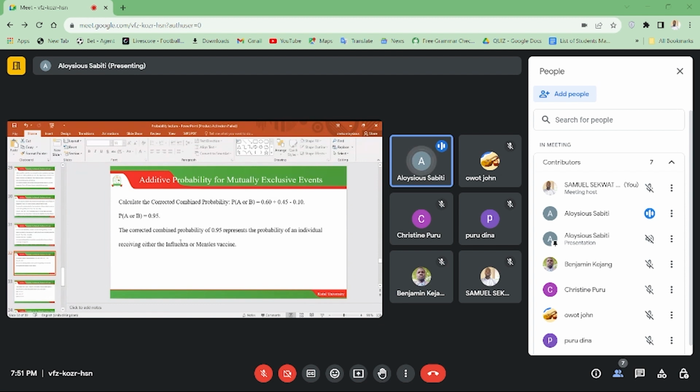So the corrected probability of 0.95 represents the influenza or measles vaccine.